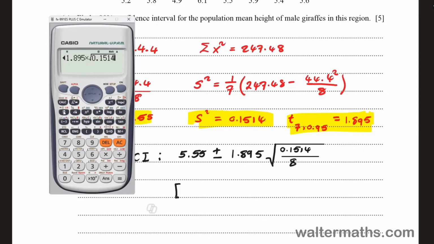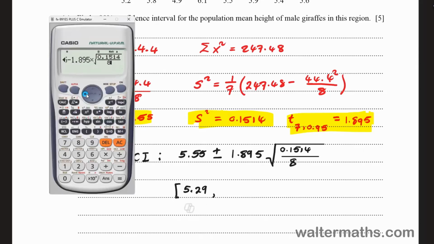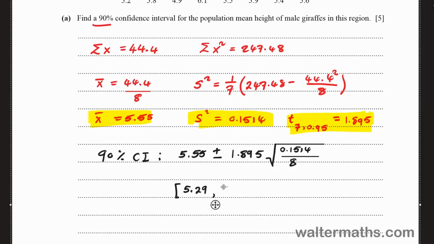Okay, we get 5.29 to 3 significant figures. So 5.29. And for the other one, we put a plus. All right, and we get 5.81. So 5.81. All right, so this is what we get for part A.